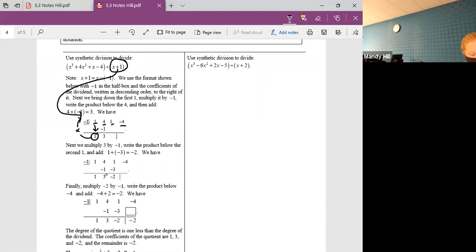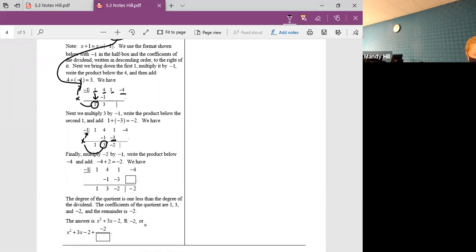Okay, I think that they brought the problem down right here. Then you take the 3 that you got and multiply it, just like you did before, by negative 1. 3 times negative 1 is negative 3. And they wrote that in our next blank. So then they added these two things. 1 and negative 3 is negative 2.